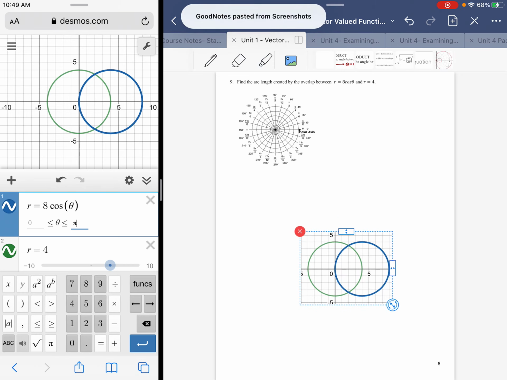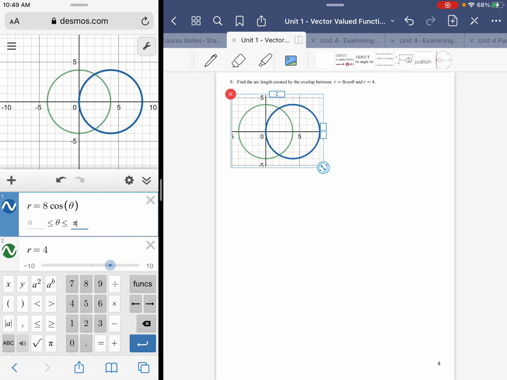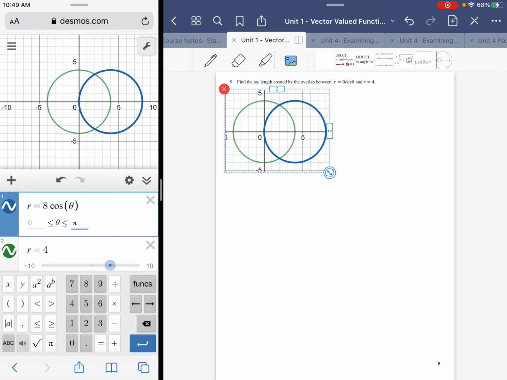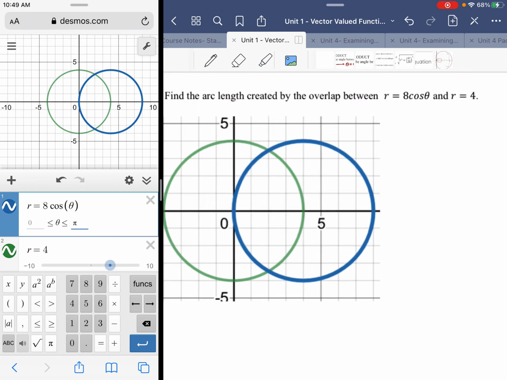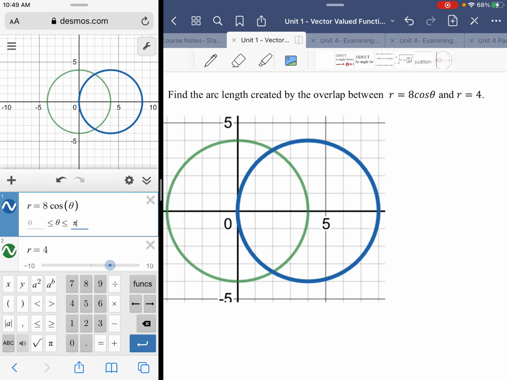Just pop it in right here, and I'm going to snag that and put it right on top. That other graph is just if you wanted to actually draw it by hand. All right, so let's get a little thicker. Here's the overlap. This one and this one.